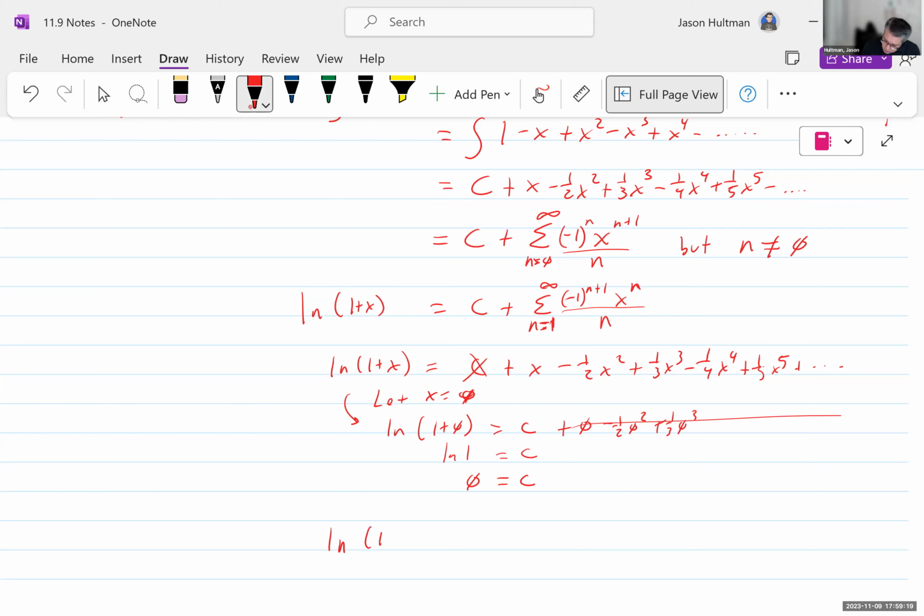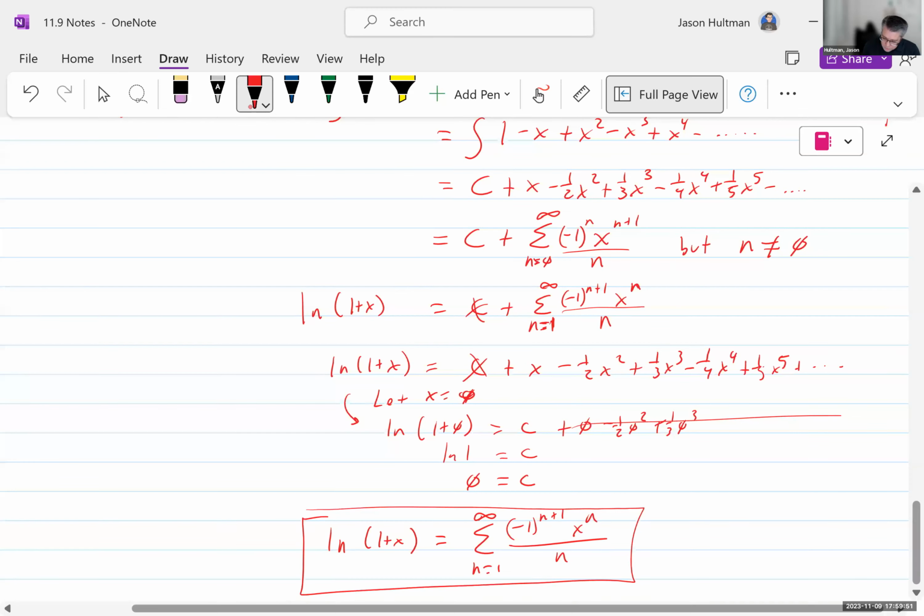And so the natural log of 1 plus x is equal to, I'll just write it as the summation, summation as n equals 1 to infinity of negative 1 to the n plus 1, x to the n all over n. And that's the power series for natural log of 1 plus x.